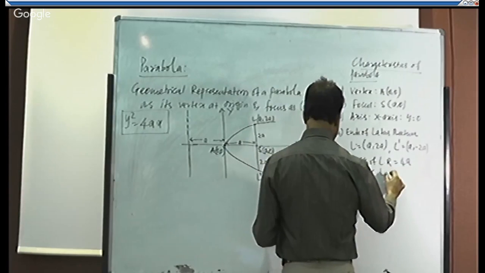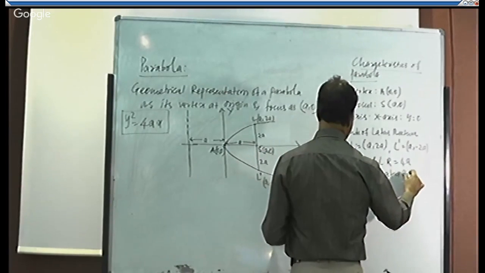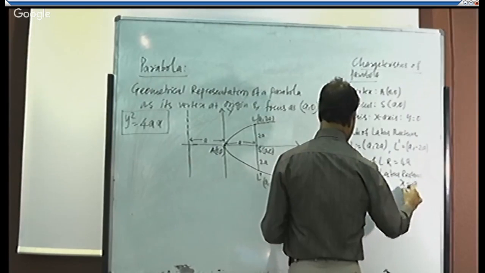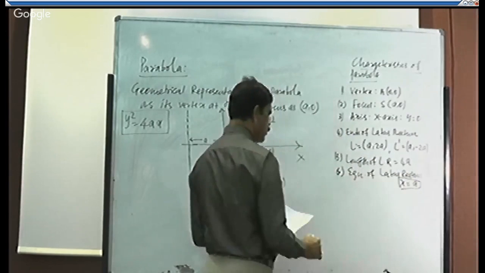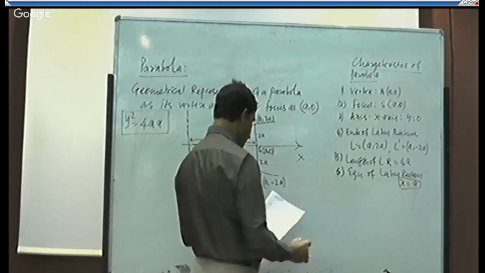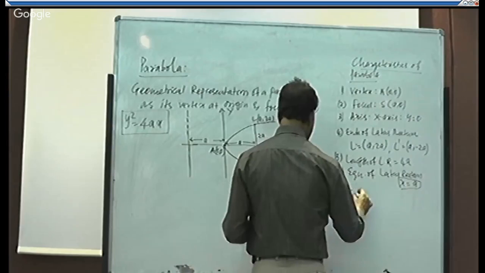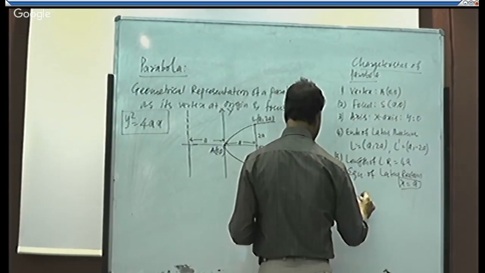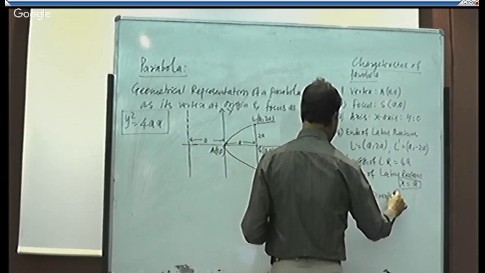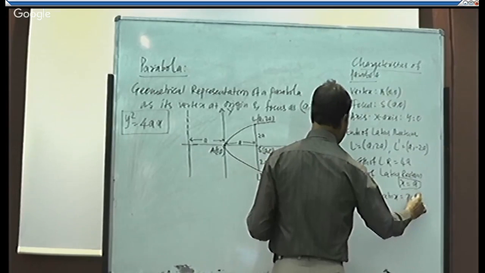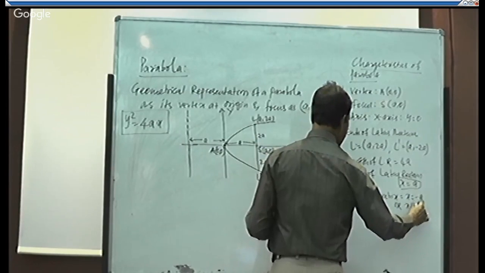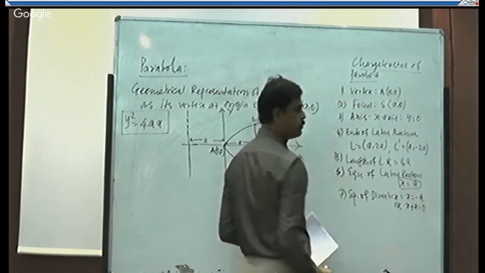Equation of latus rectum, that is x is equal to a. Equation of directrix, that is x is equal to minus a, or x plus a is equal to 0.